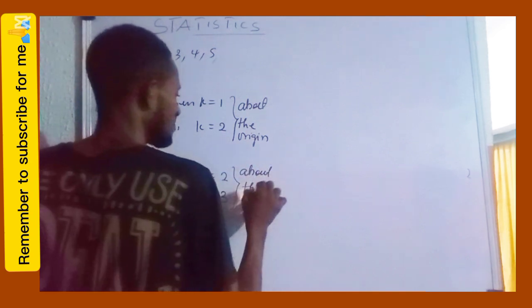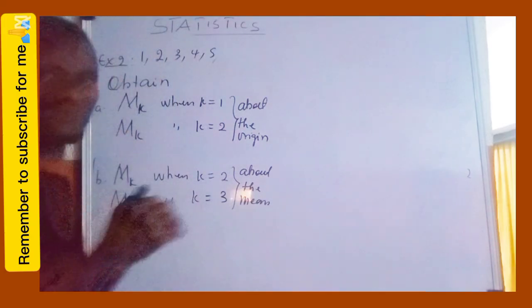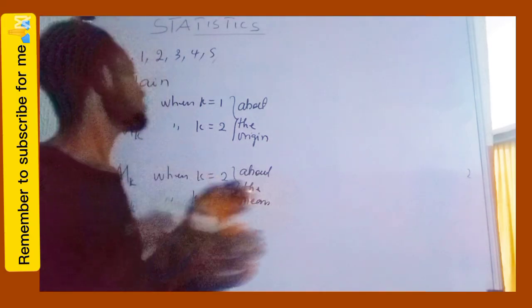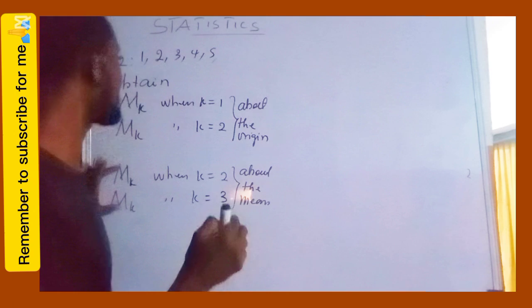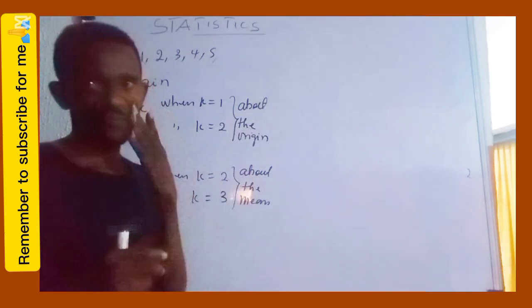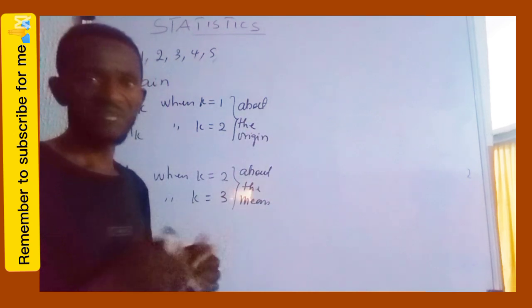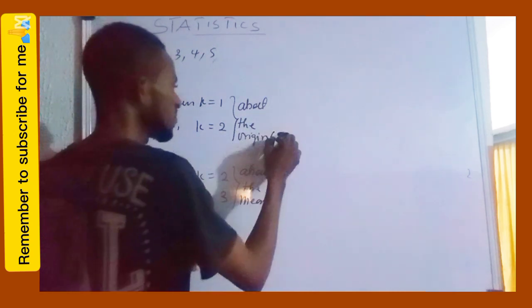So there is a big difference between these moments here and these moments here because of the location of their origins. The origin here is 0. The origin here is the mean.